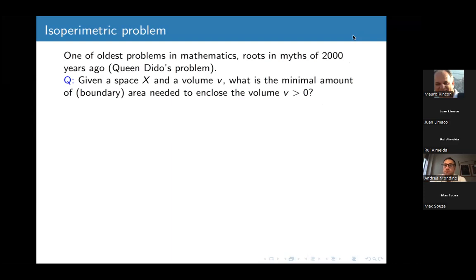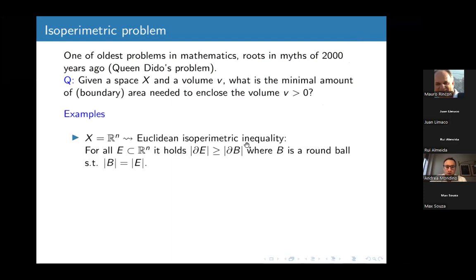What is well known is that if the ambient space is R^n, the Euclidean space, then we have the Euclidean isoperimetric inequality, which says that given any Borel set E in R^n, let's say with smooth boundary, the boundary measure of the set, its perimeter, is bounded from below by the perimeter of the round ball in the Euclidean space.